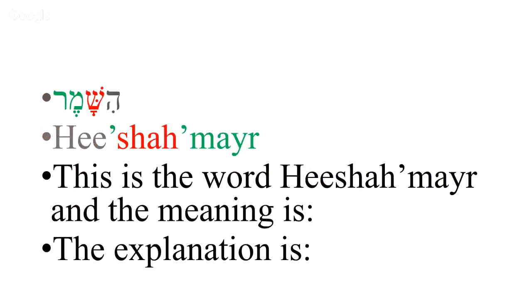Thank you. The word that you see there, brothers and sisters and elders included, all right, is the word hishamer. Hishamer. That is the word that you see there. Okay, now let's expound upon this particular thing here.